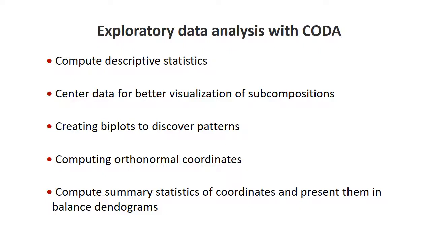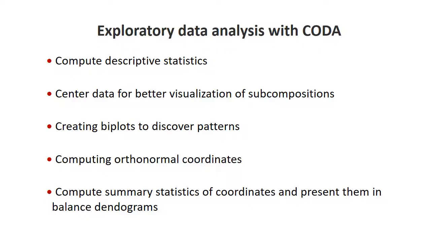One of the really important tools in doing this is the biplot, where we can start discovering patterns, say, association of certain components between log ratios, potentially grouping of samples within these plots, and how we would interpret these groupings of samples.